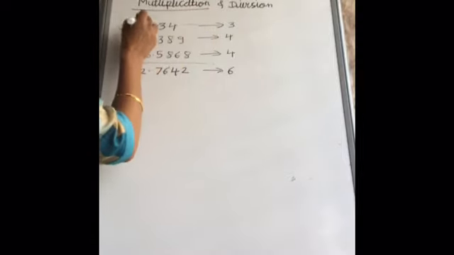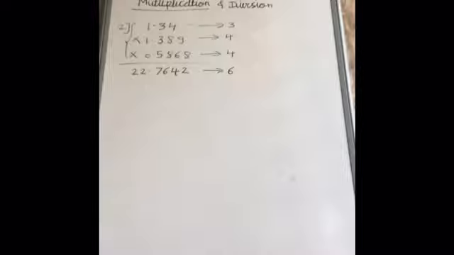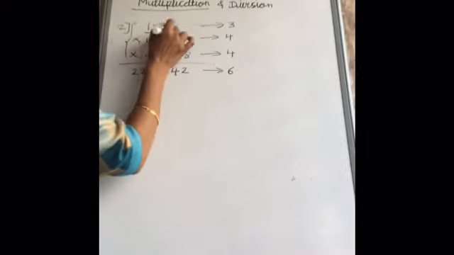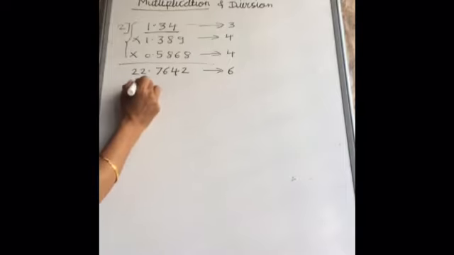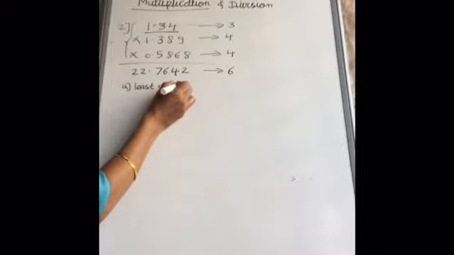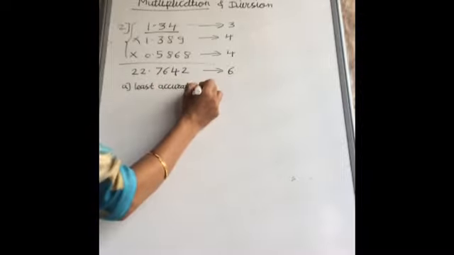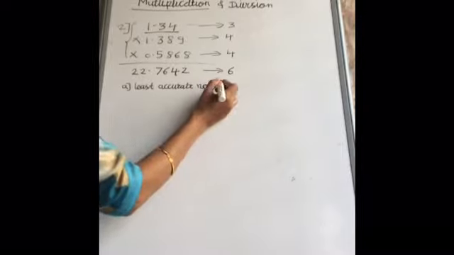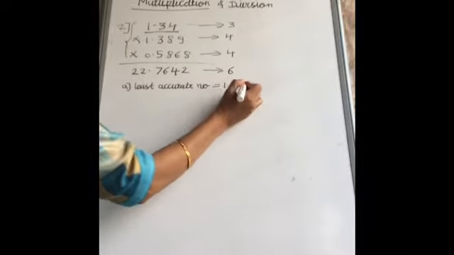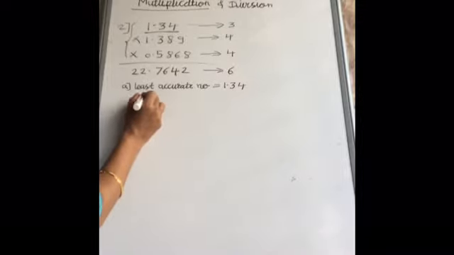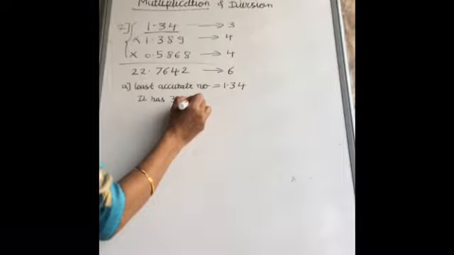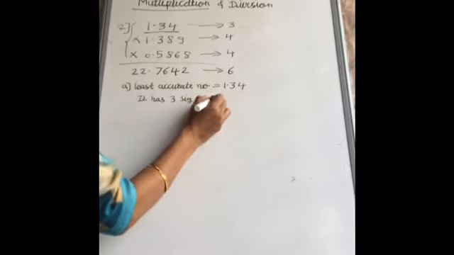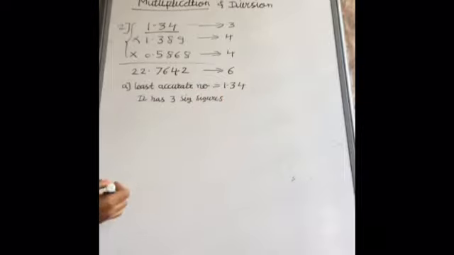Of these three numbers, the least accurate is 1.34 because it gives only 2 digits after the decimal. So the least accurate number is 1.34, which has three significant figures.